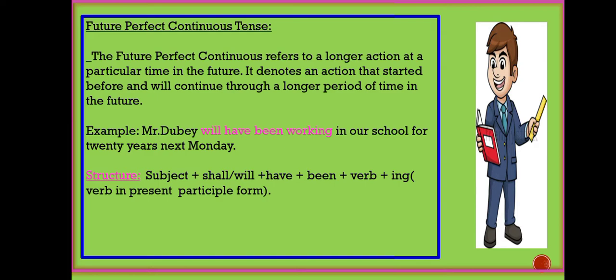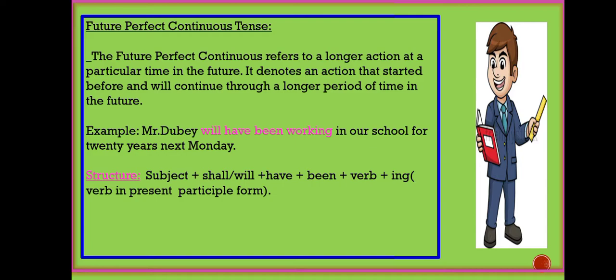Now, I am going to talk about the future perfect continuous tense. Continuous indicates duration of time. So, where is the future perfect continuous tense appropriately used? Future perfect continuous refers to a longer action at a particular time in the future.